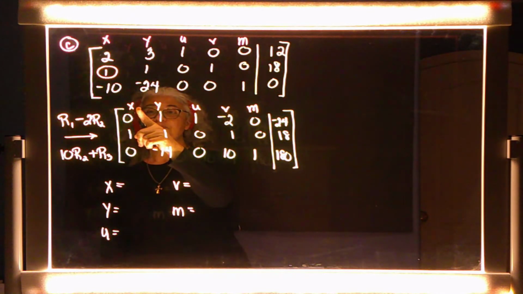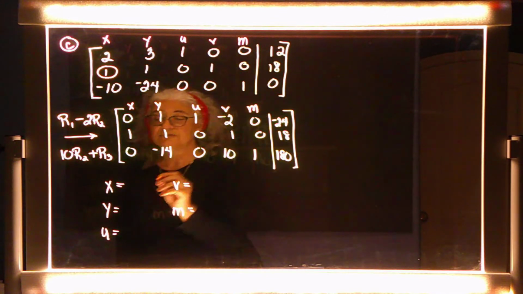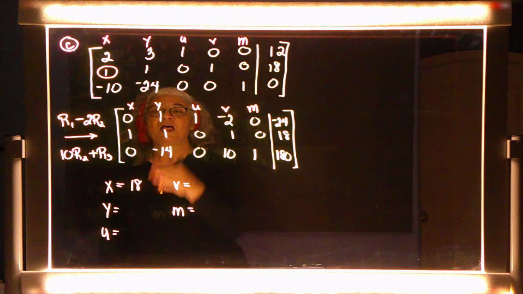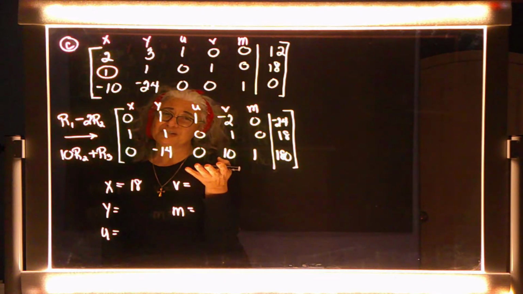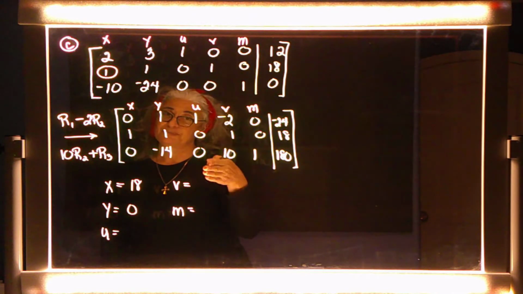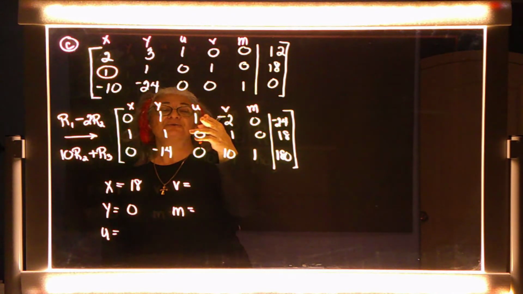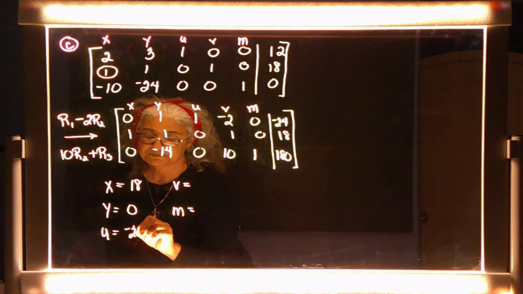So the X. The X has a column of 1s and 0s. The 1 is in the second row, which means X is going to be equal to 18. The Y, yeah, it's not a bunch of 1s and 0s. So Y is going to be equal to 0. The U has a bunch of 1s and 0s. So U, having the number 1 in the first row, means U is going to be equal to negative 24.